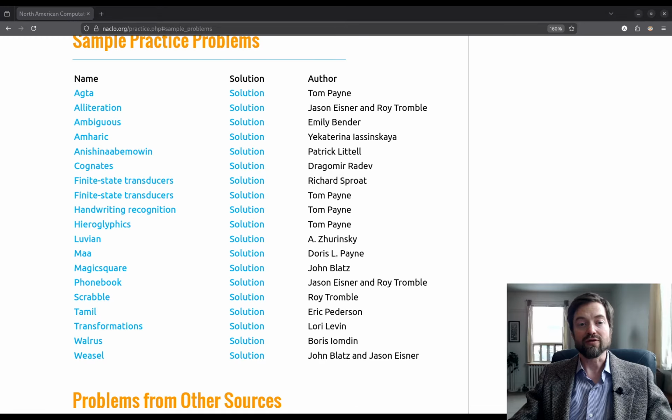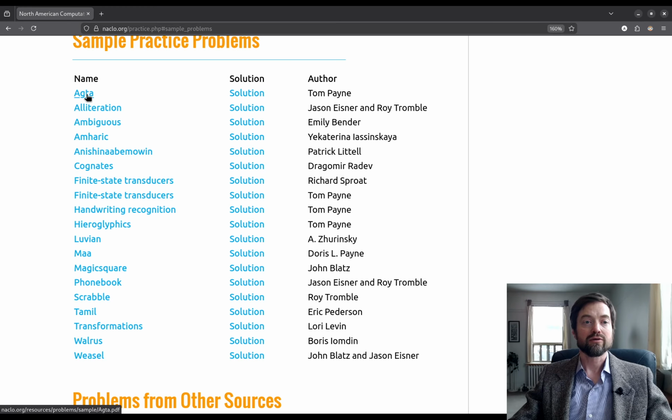It's hard to judge difficulty purely, except by looking at the solve rates. But I would say these seem to be a bit of an easier place to start. So if you're just starting out with these Linguistics Olympiad type of puzzles, this is a good place to start.